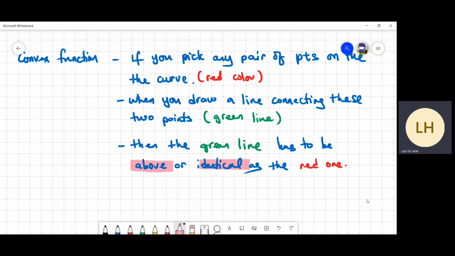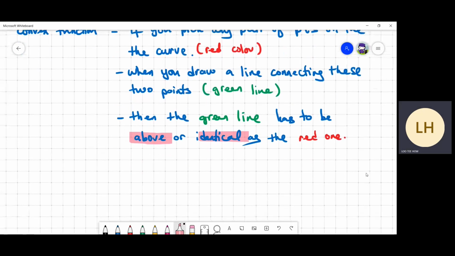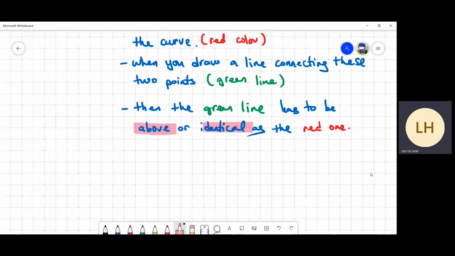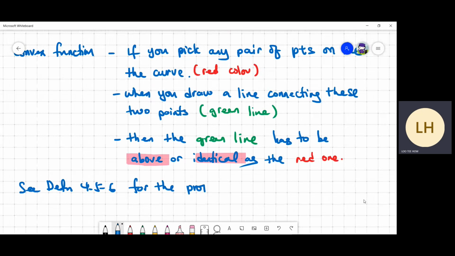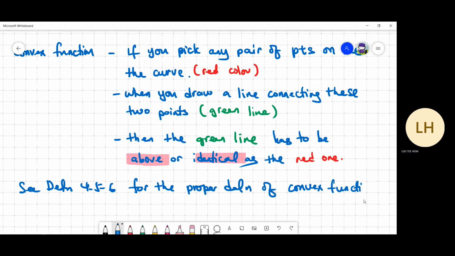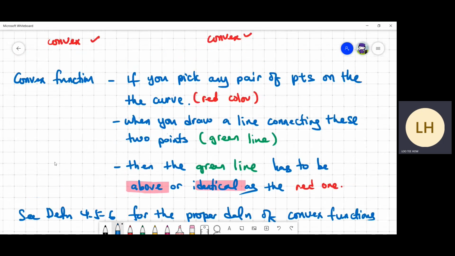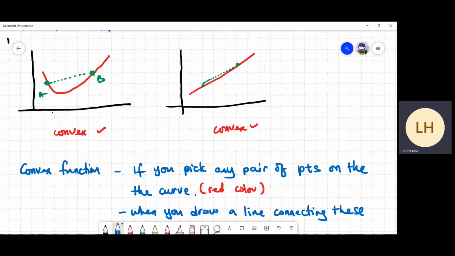I'm not going to write down the actual definitions. If you want to look at the proper, rigorous definition, you may look at definition 4.5.6 for convex functions.